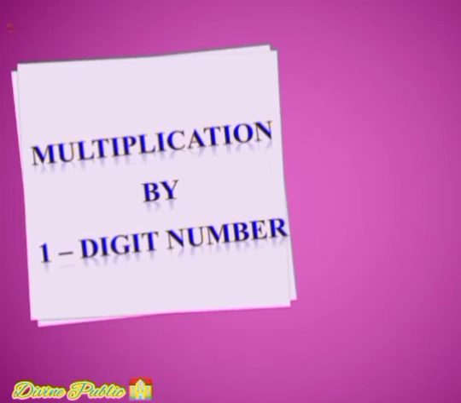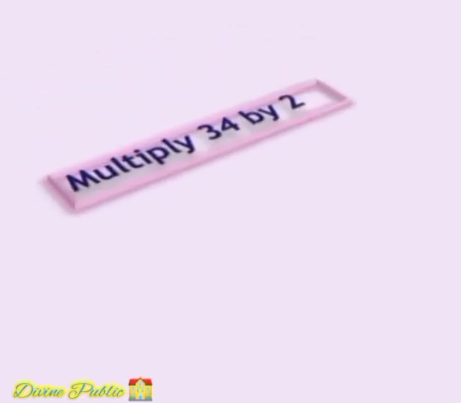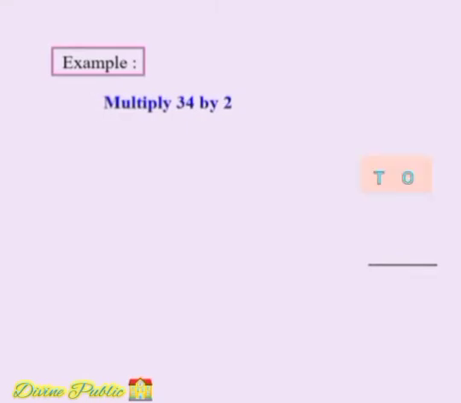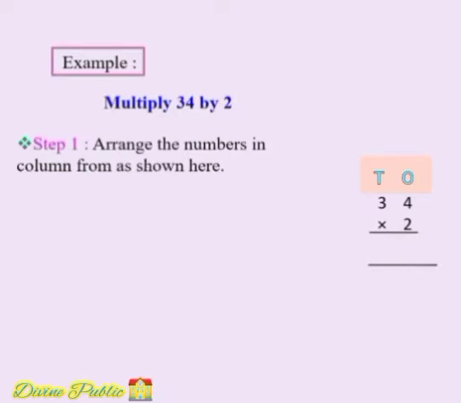Multiplication by one digit number. Dear students, let us see the examples of multiplication without carrying. Multiply 34 by 2. Now let us see the following steps. Step 1. Arrange the numbers in column form as shown here. Step 2.